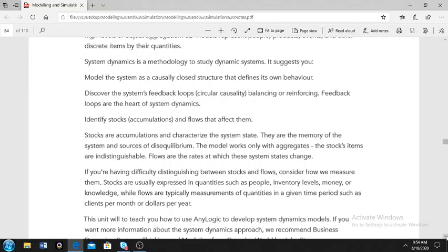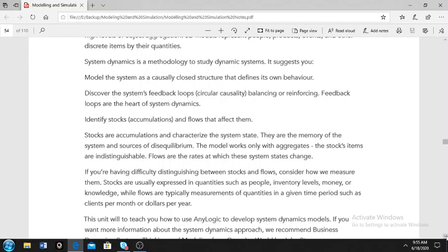Stocks are accumulations and characterize the system state. They are the memory of the system and the source of disequilibrium. The model works only with aggregates. The stock items are indistinguishable. Flows are the rates at which the system state changes.